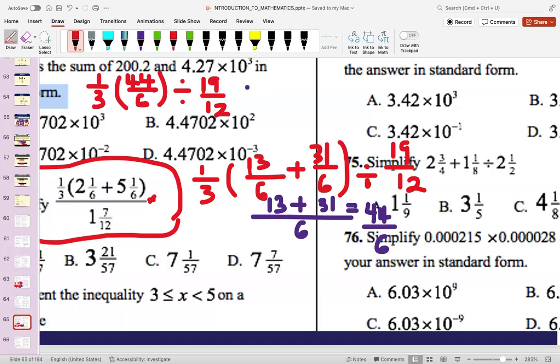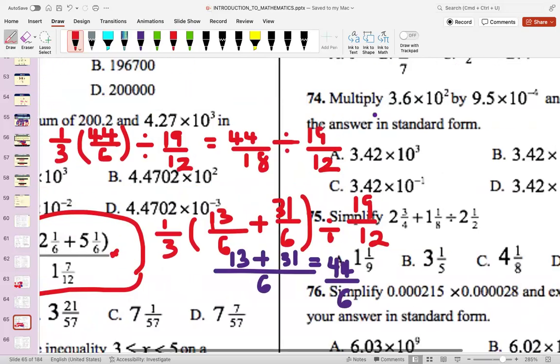So we proceed. We multiply 1 by 44, and then we have 44. We multiply 3 by 6, and we have 18, divided by 19/12.